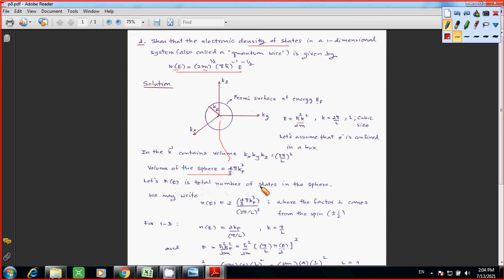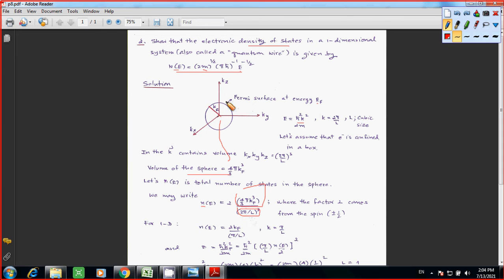Let's say N is the total number of states in the sphere. From the book, you may write N equals 2 times the volume of the sphere, divided by the volume of one state.